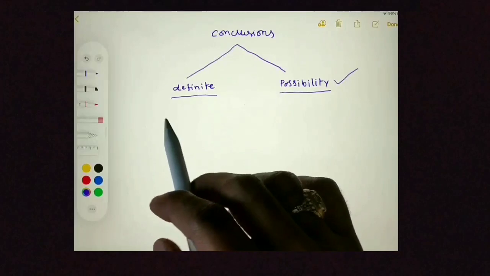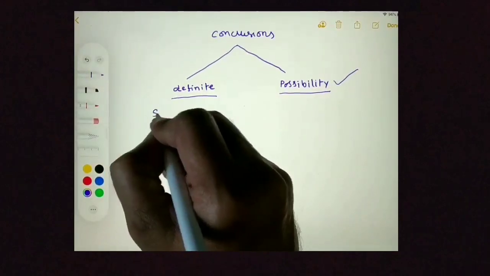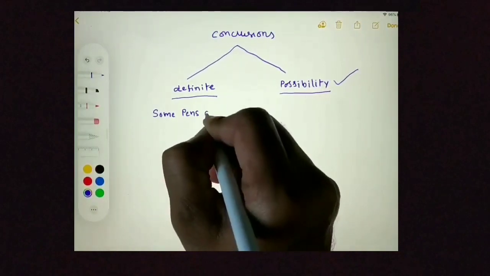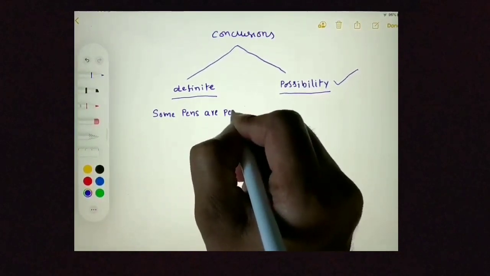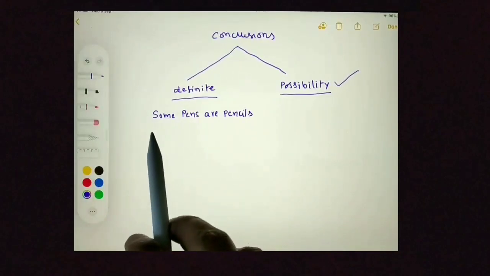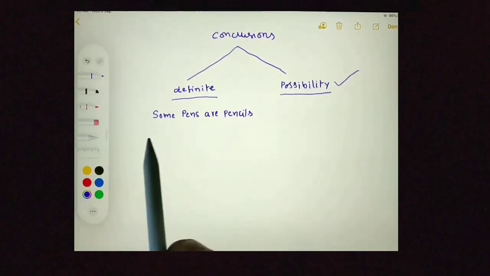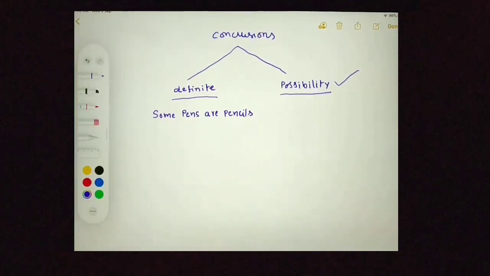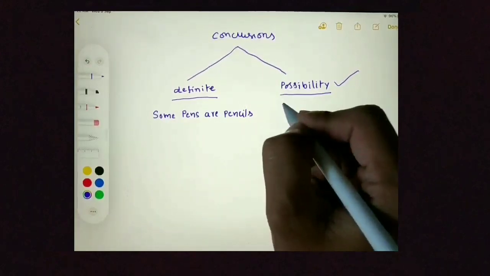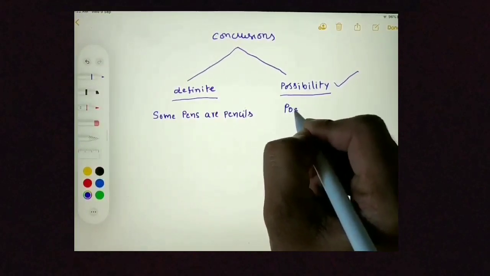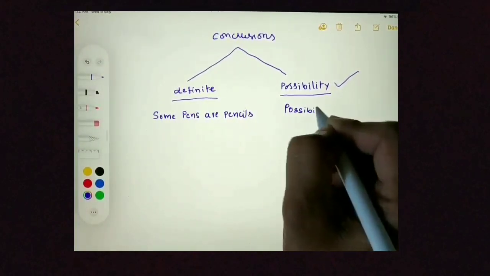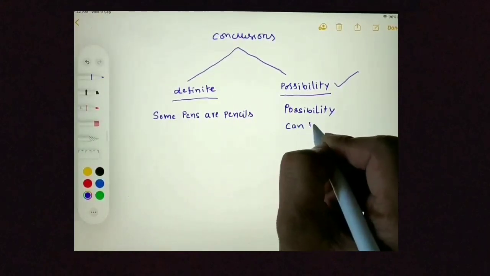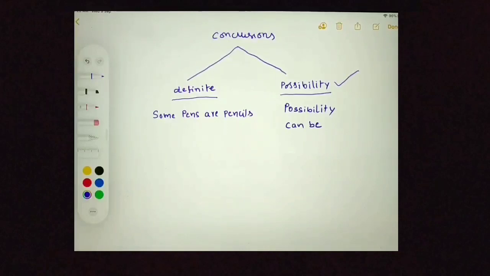Let's see some examples of definite statements. Some pens are pencils. This is a definite statement because it does not contain any word called possibility, and generally all possibility conclusions will have either "possibility" or "can be" in the conclusion.